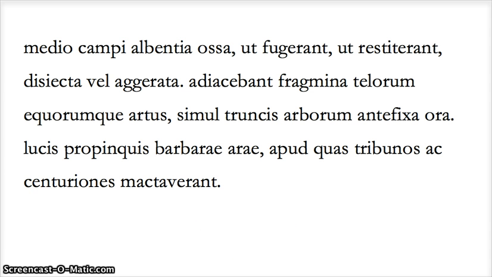We start with ablative, in the middle of the field, albentia ossa, white bones, or perhaps whitening bones, whitened bones. Ut fugerant, as they had fled, ut restiterant, as they had taken a stand, disiecta, scattered, or aggerata, piled up.